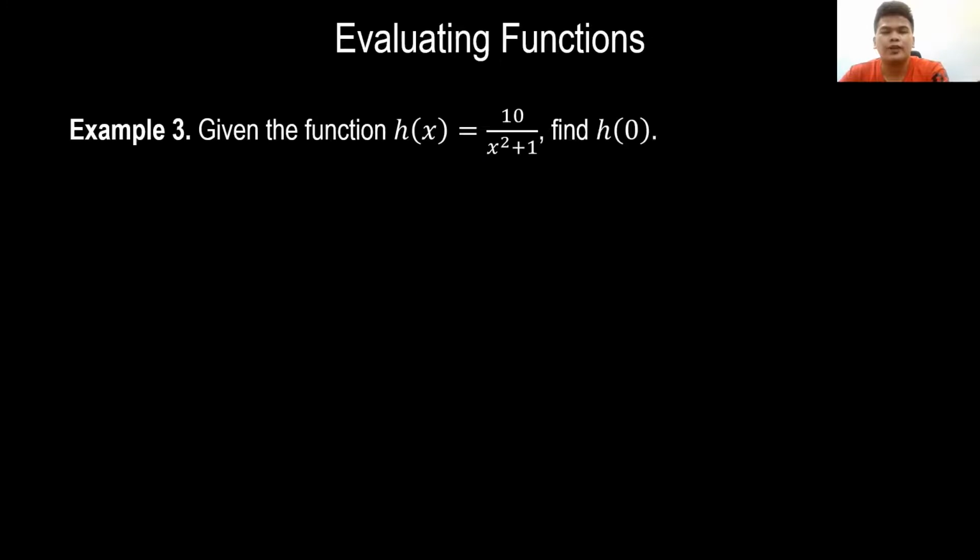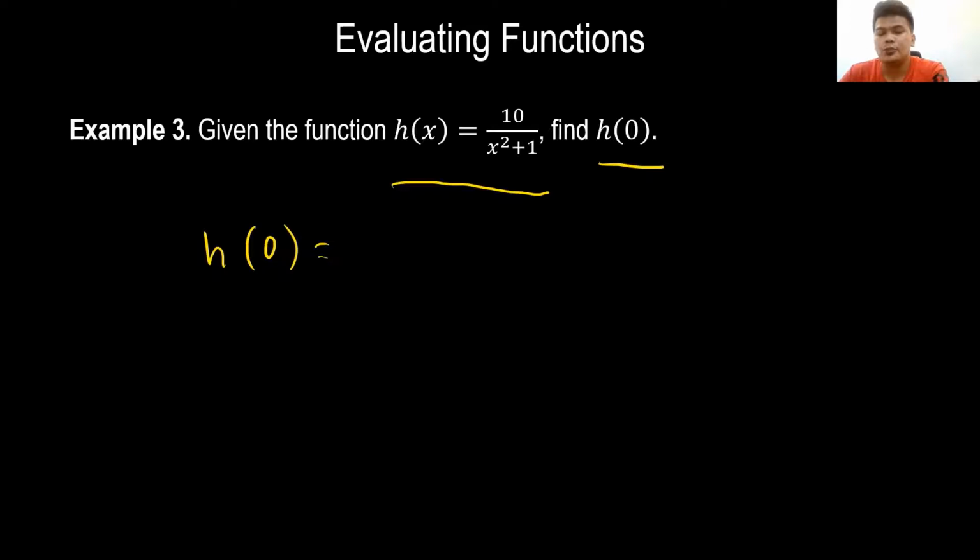Here we have the given function h of x is equal to 10 over x squared plus 1. Find h of 0. So in this case, our function is defined as h of x is equal to 10 over x squared plus 1. Then we try to evaluate this function when x is equal to 0. So here we have h, open parentheses, then we take the value of our x, which is equal to 0.